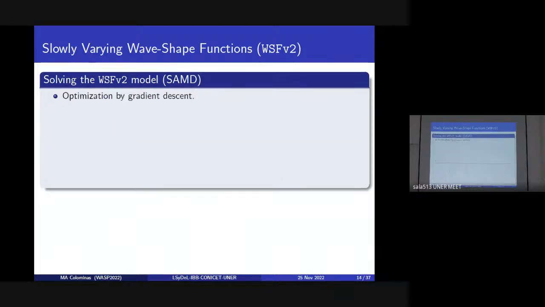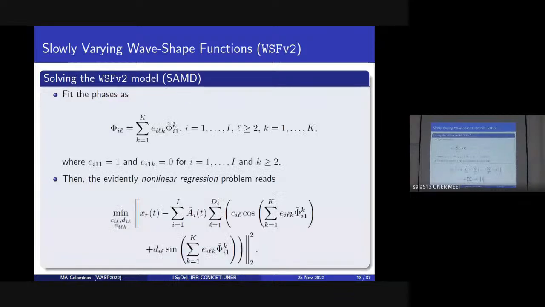But we cannot prove this is convex. It's not convex, but it has a good optimum that should be stable, if we are not far from the assumption that the multiples are close to an integer. They have to be close to an integer, and in that case the optimum will be stable.